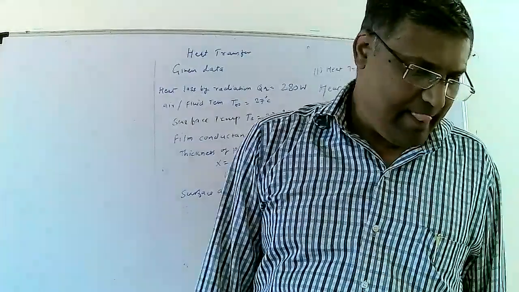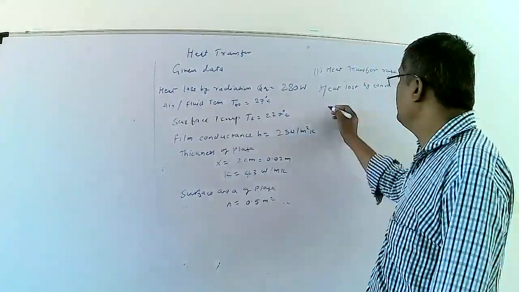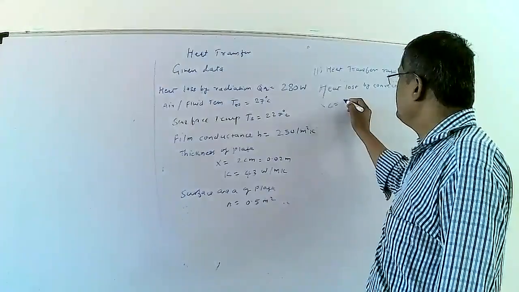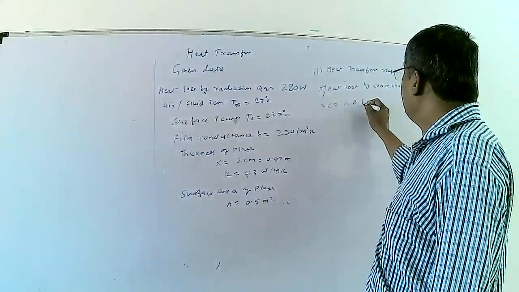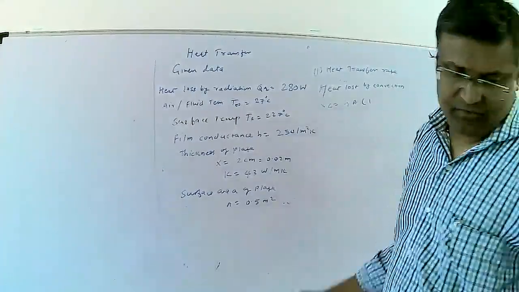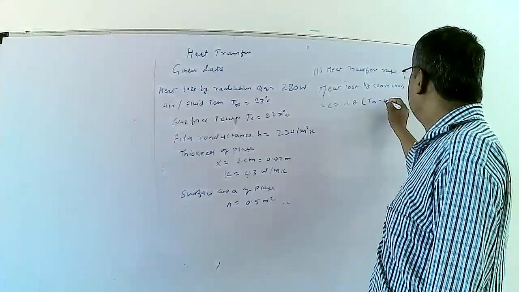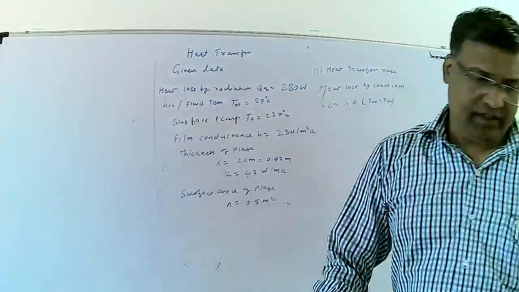The formula is very simple. QC is equal to HA in bracket TW minus T infinity.